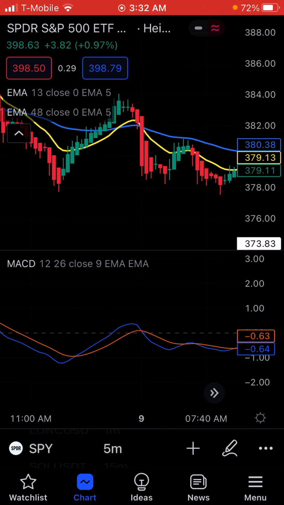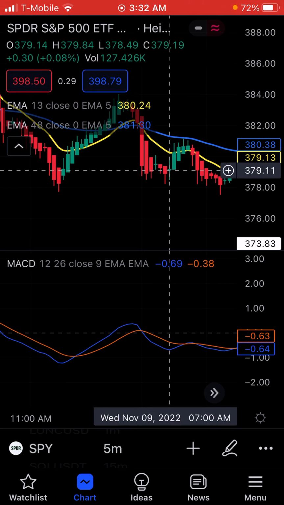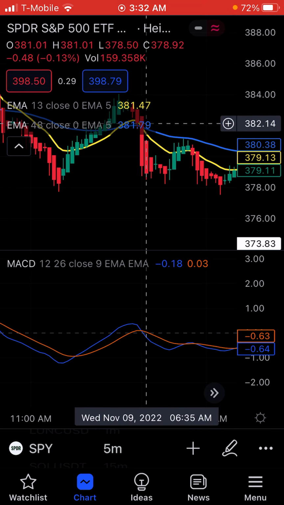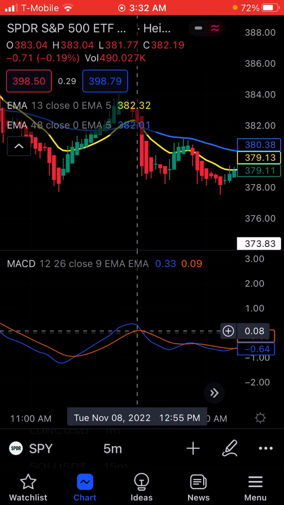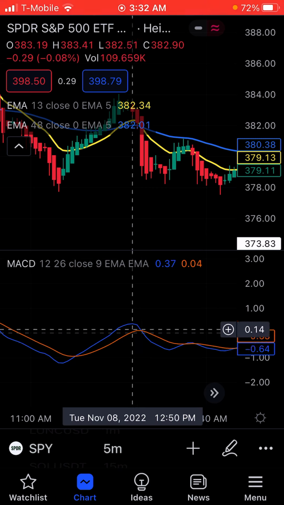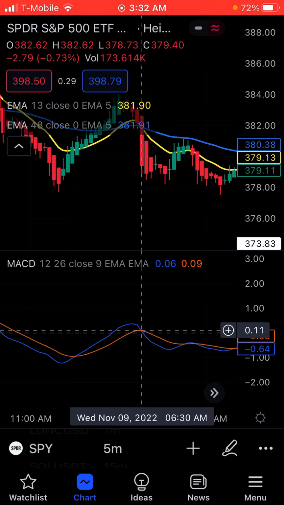What you need to look for is the 1348 to cross, and the MACD has to have already crossed in the direction that you want to go.